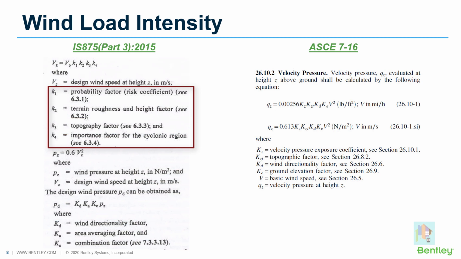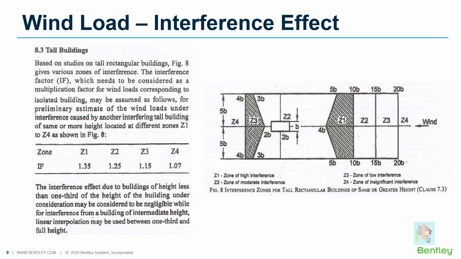Specifically for any tall building structure, there are several other criteria which are required to compute the applied wind intensity value. One of these is the interference factor. For Indian code or IS 875 Part 3 code, it is mentioned in clause 8.3.